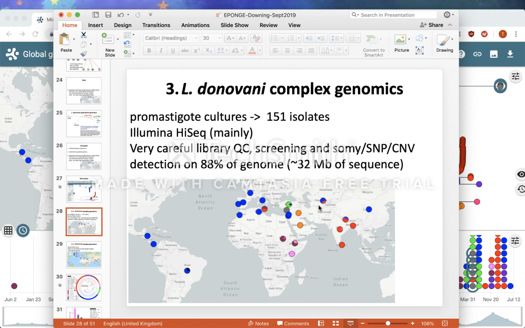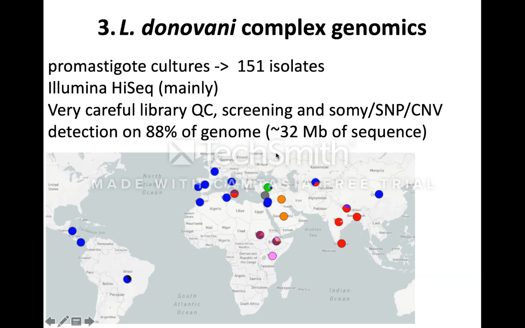So these 151 isolates, most of which were cultured from promastigotes, were mainly sequenced on Illumina HiSeq. There's extensive work on getting optimal DNA libraries, sequencing them properly, doing proper QC, doing proper screening to identify mutations, to look at the aneuploidy, the SOMY, SNPs, and CNVs that are present, and we were able to look at about 88% of the genome.